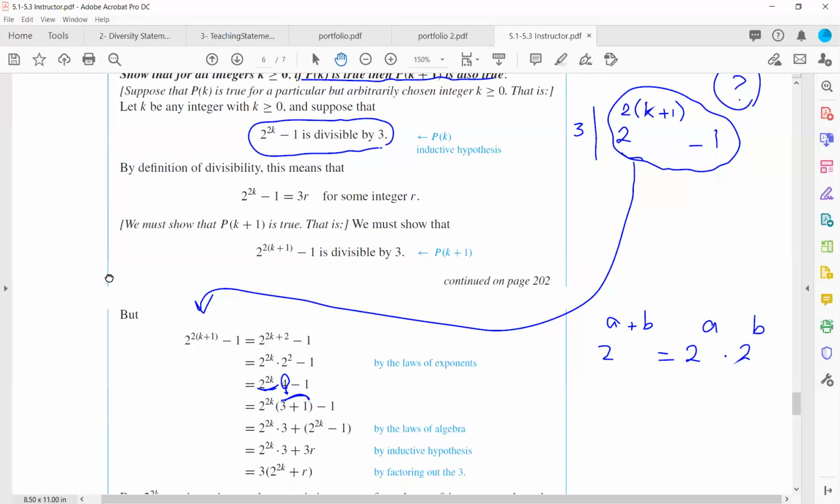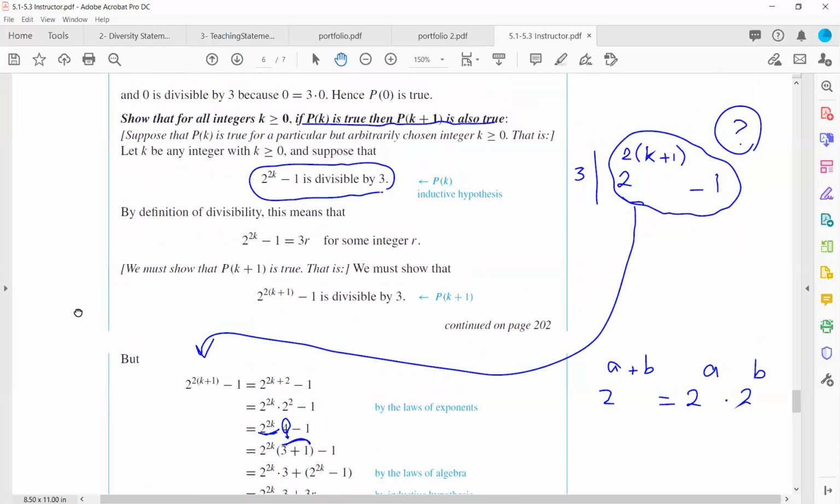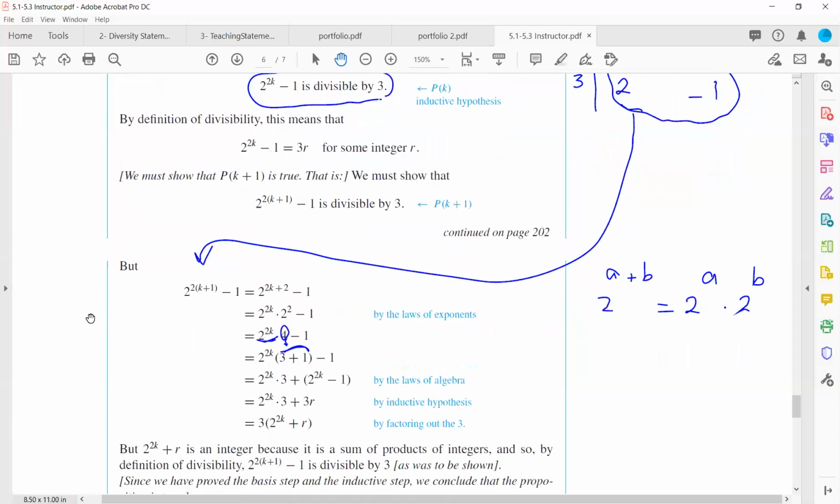Let us get back to the statement that we have. We know that 3 is a factor of 2 to the 2k minus 1. So this statement here has 3 in it. 3 divides 2 to the 2k minus 1. We're almost done. Why is that?